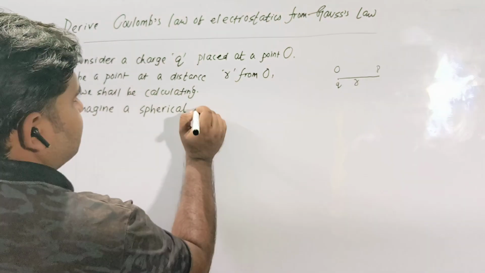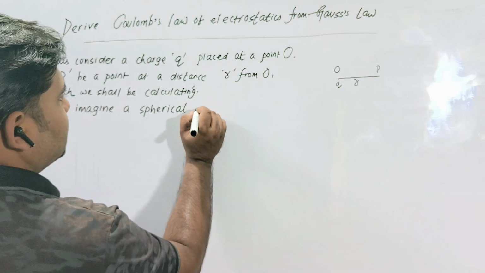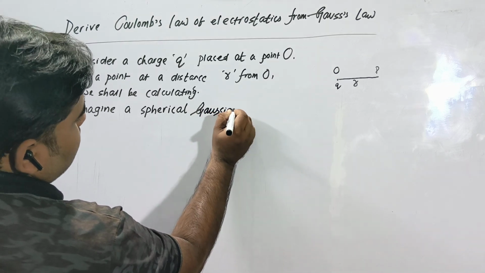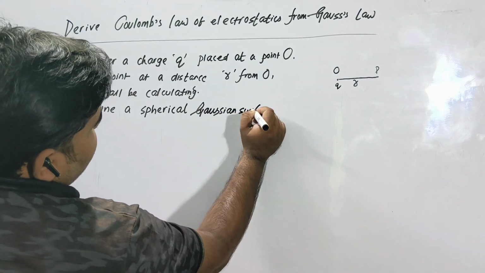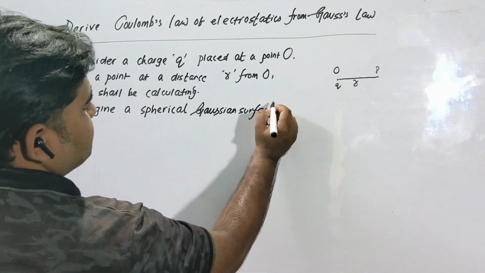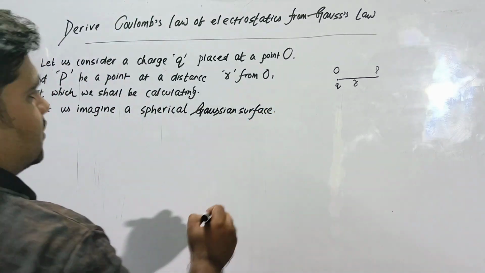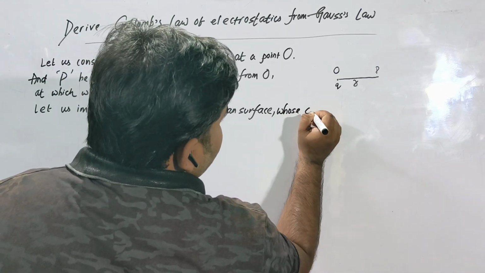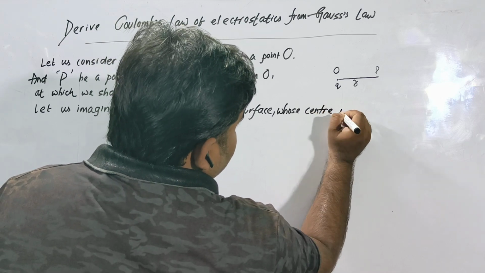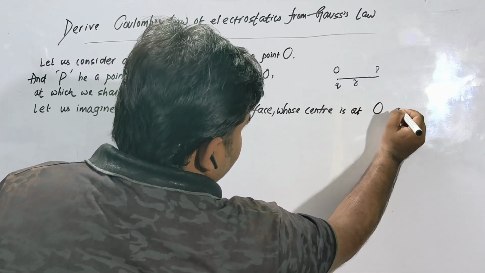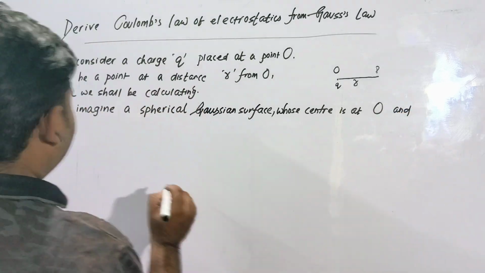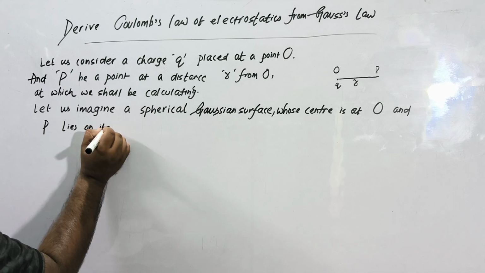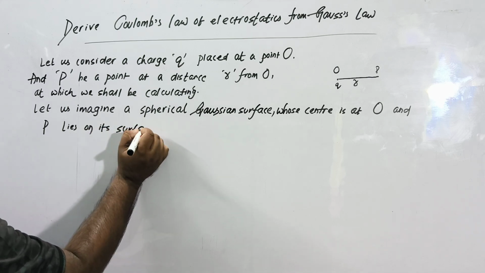Let us imagine a spherical Gaussian surface whose center is at O and P lies on its surface.